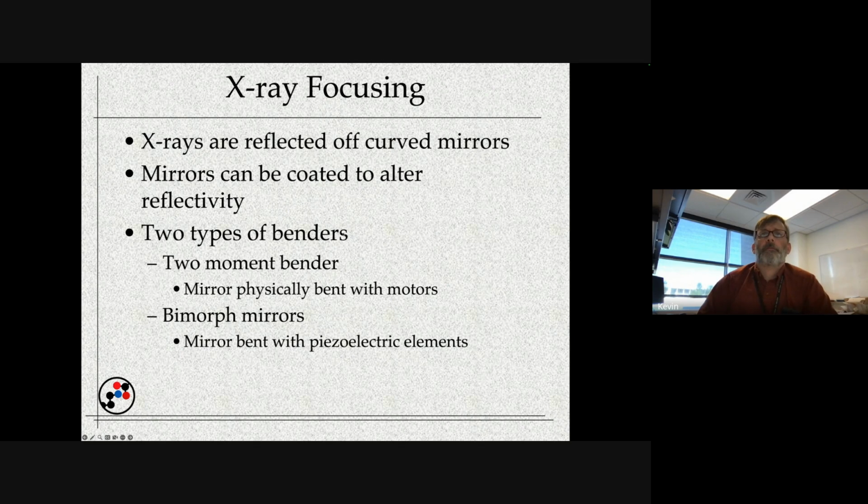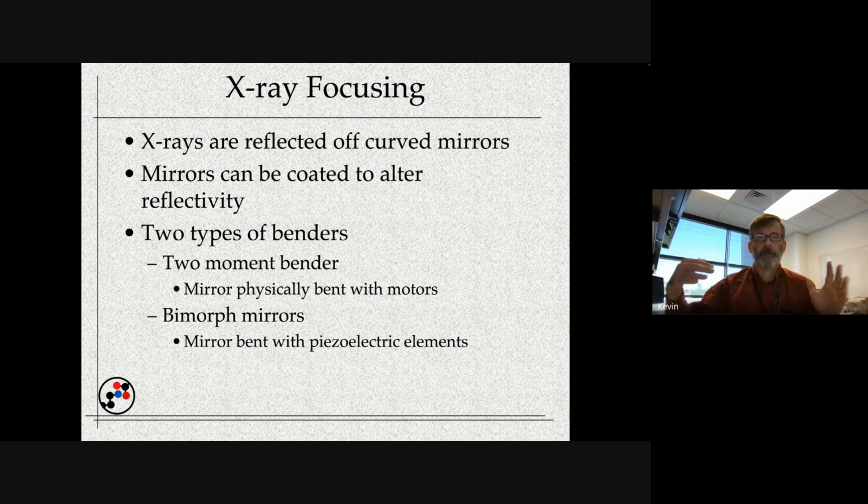These mirrors will typically be bent in primarily two different ways. You'll have what they call a two-moment bender, where the mirror is physically bent using two motors that apply pressure on the two ends of the mirror.